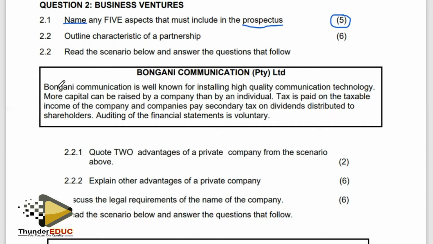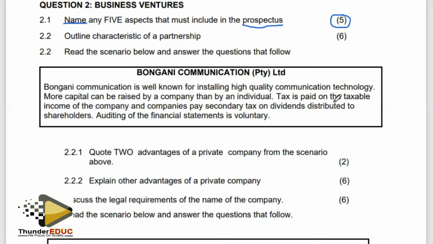Look at this. Bongani is well known for installing high quality communication technology. More capital can be raised by a company than by an individual because it is a private company, meaning that very many people can raise more capital.